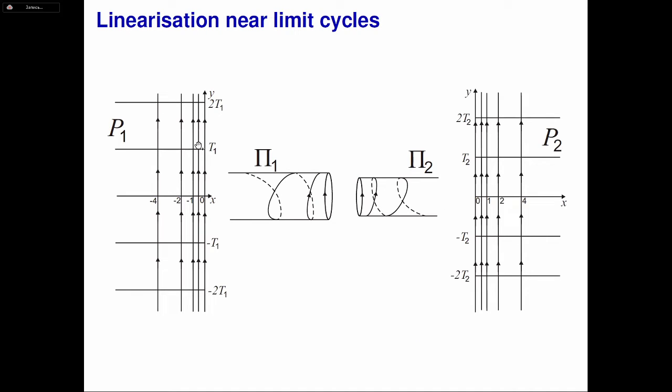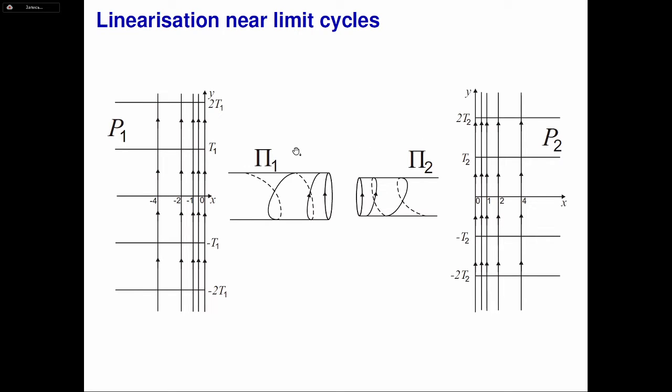So we define as equivalent such points as this one and this one, this one and this one. So we get semi-cylinders P1 and P2, with a stable limit cycle on P1 and an unstable limit cycle on P2.